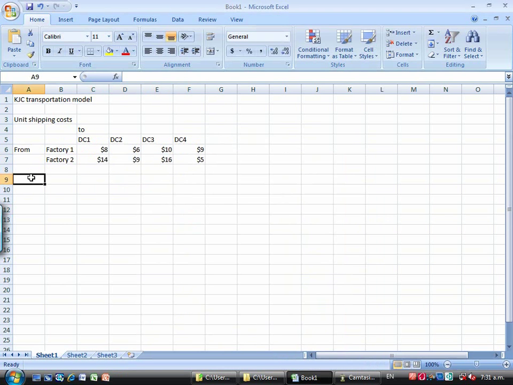And now we need another table that deals with the actual shipments. And this is going to be exactly the same sort of table. 4 distribution centres along the top. In fact, since it's almost the same, I'm just going to cut and paste.